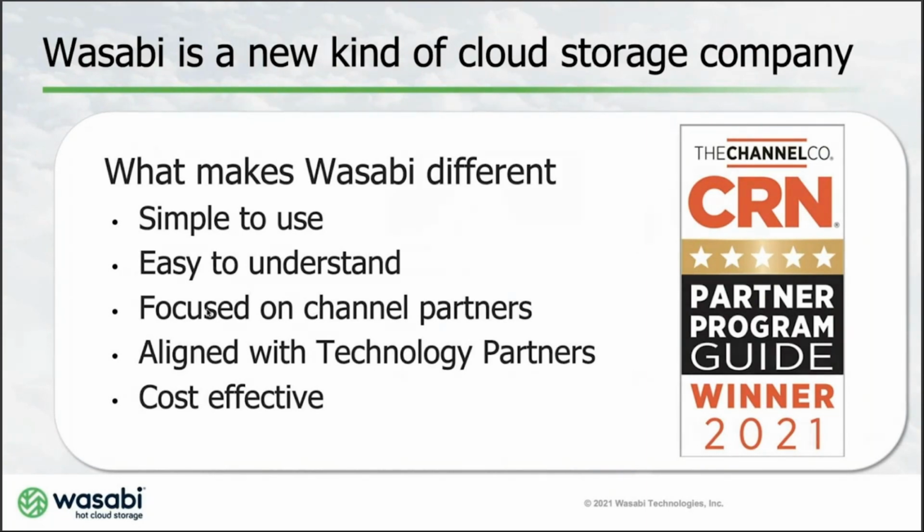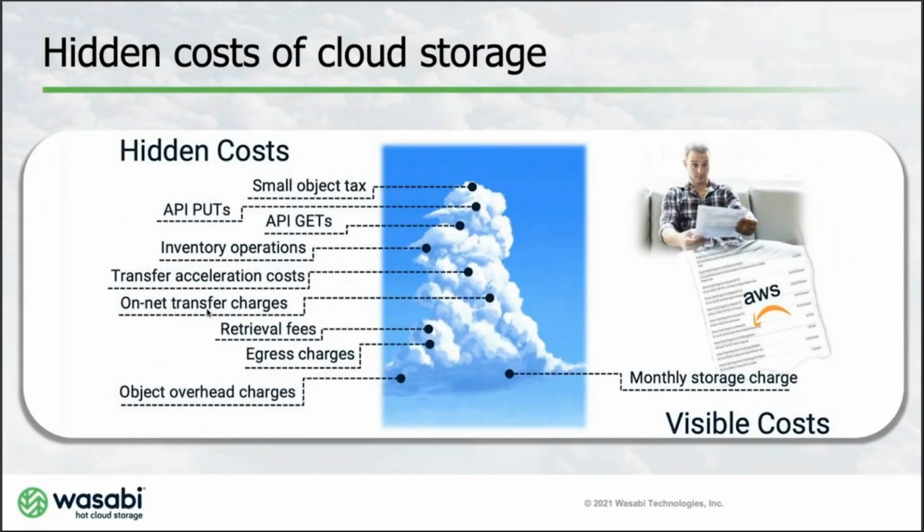We definitely see that in the market, there is a lot of opportunity for you to pay a lot more money. And that usually is in terms of additional fees, right? There's API fees, there's small object taxes, there's retrieval fees, egress fees.